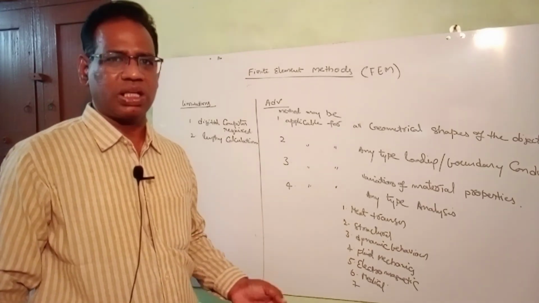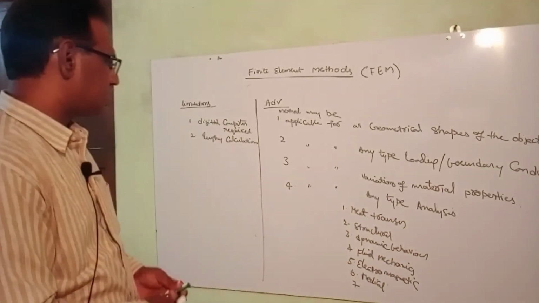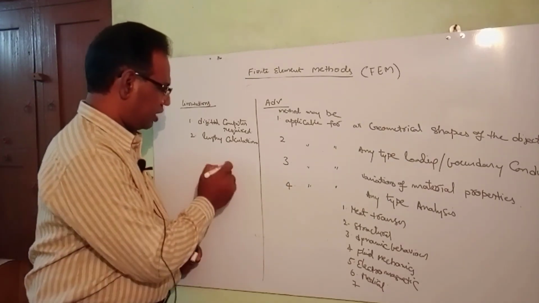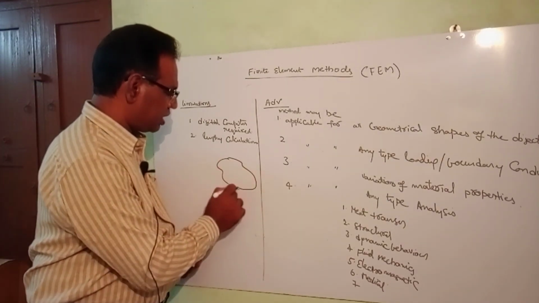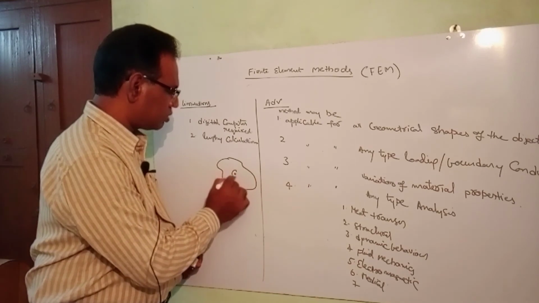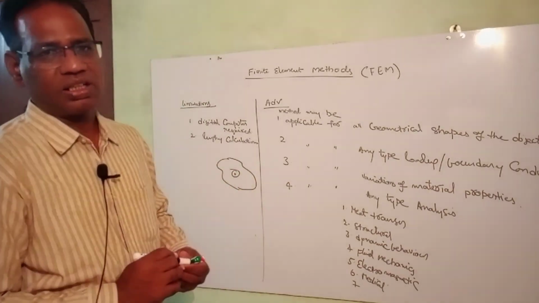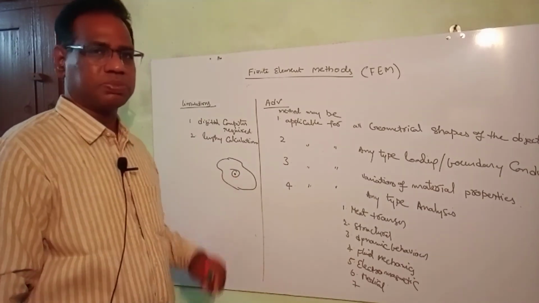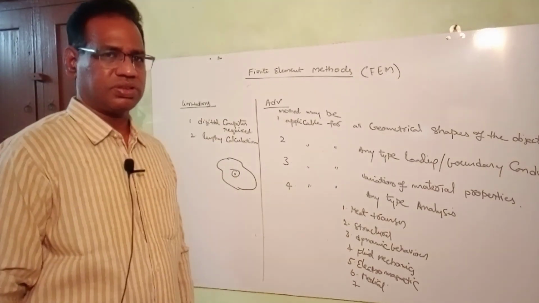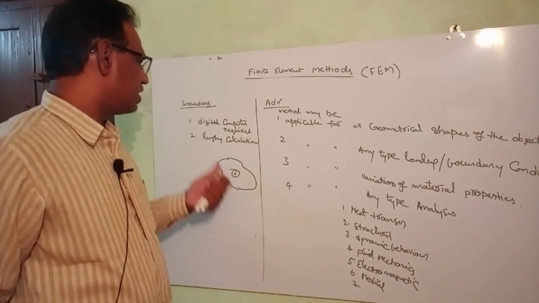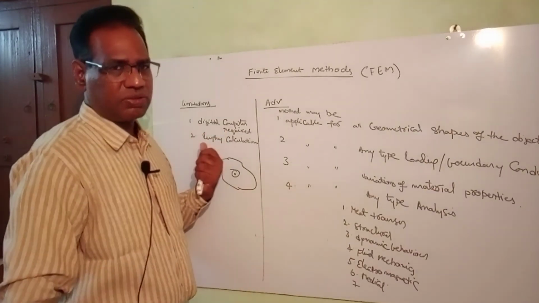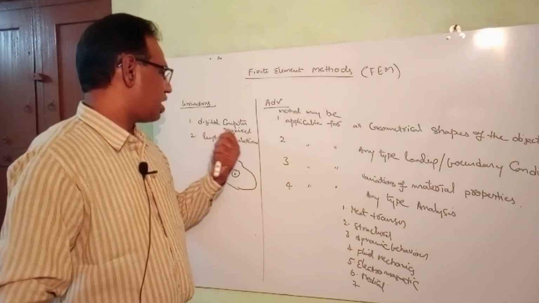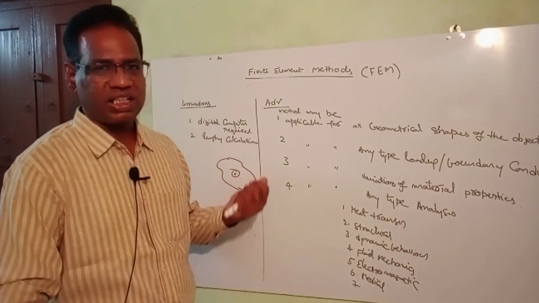Suppose the object has some irregular shape. At this location I want to predict some behavior, some results, maybe stress, strain and all. It is possible with an approximate solution. So that is the advantage. But for calculating, we require digital computers and lengthy calculations.